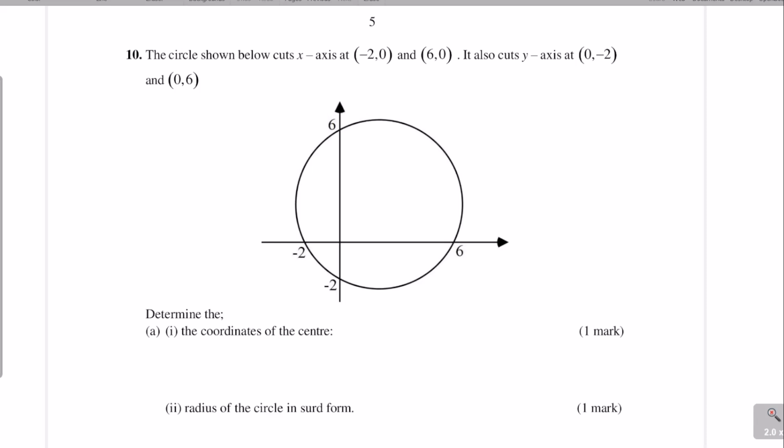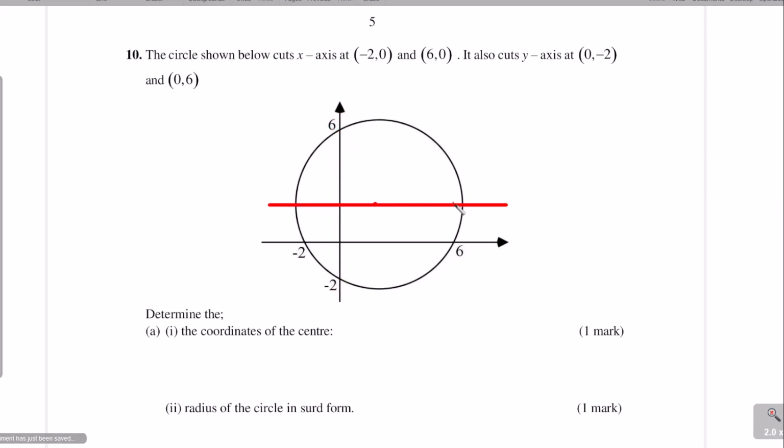Remember, there's a property involving circles and chords: if you draw a perpendicular bisector from the center of the circle, assuming that this is the center, it will bisect this chord into 2 equal parts, and this chord is here, beginning from this point where we have 6 all the way to where we have -2. So this is the chord.